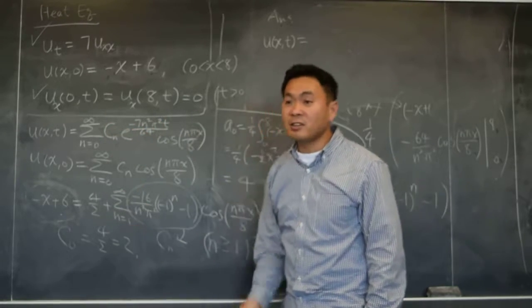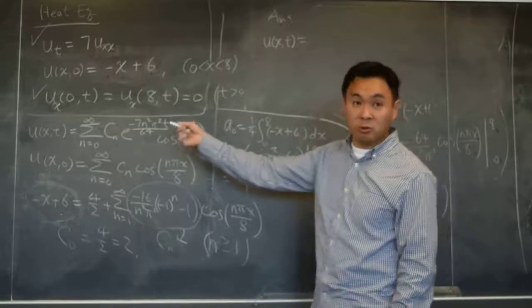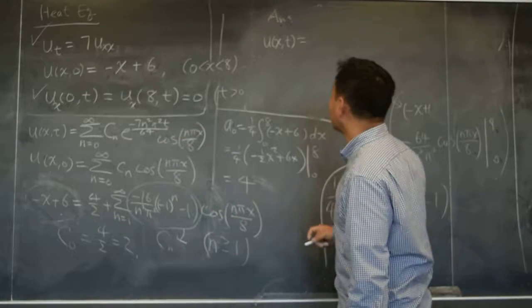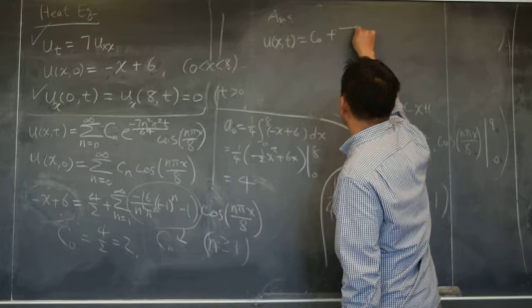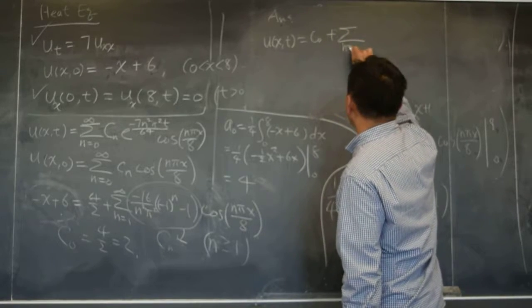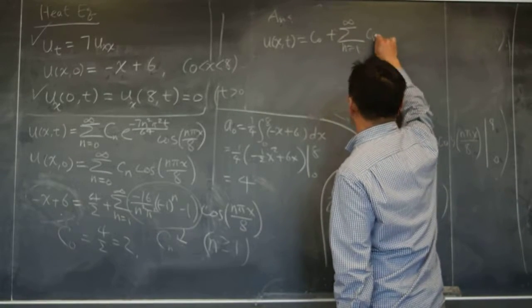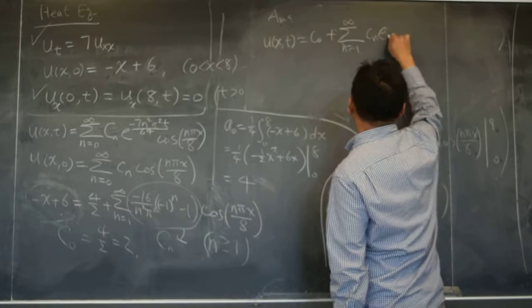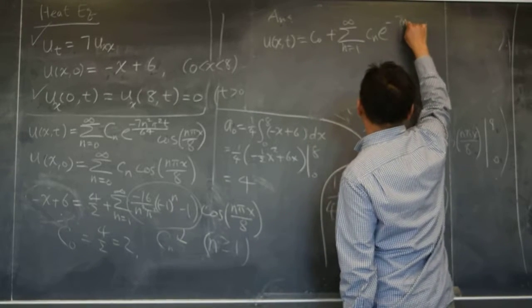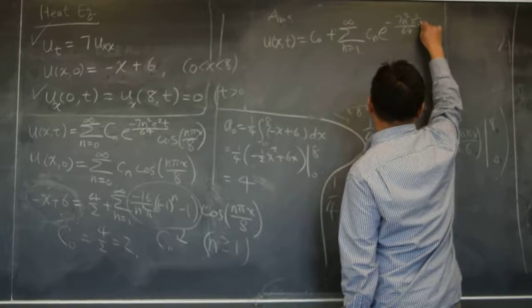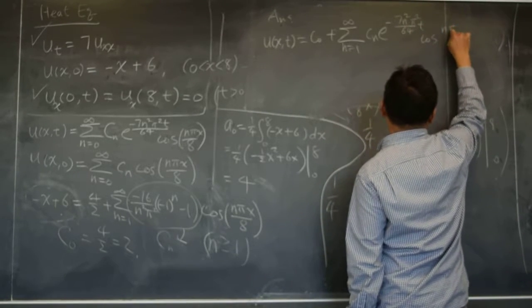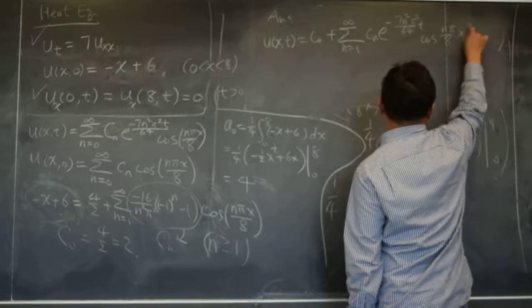So C0 is by itself, even in the original entire sum. So u(x,t) is C0 plus the sum from n equals 1 through infinity of Cn e to the negative 7 n squared pi squared over 64 t cosine n pi over 8 x.